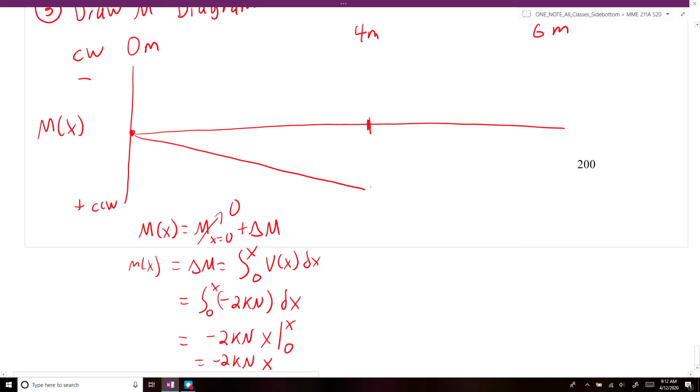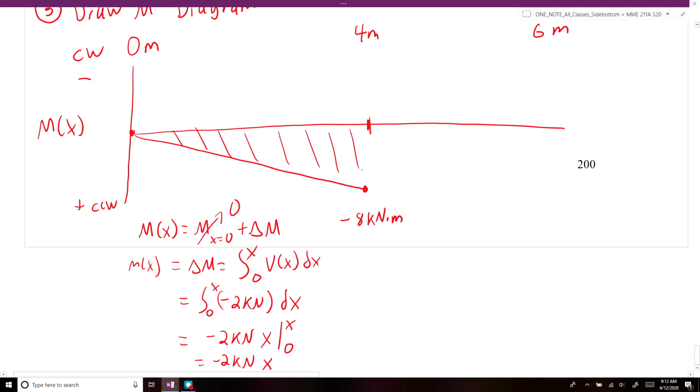So at the end of this, we'd have minus 8 kilonewton meters as our moment at 4 meters. So we just have a nice straight line along here.